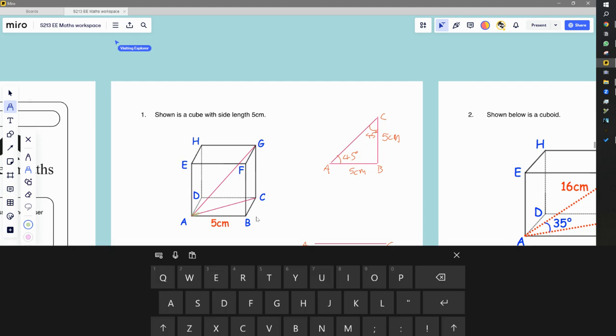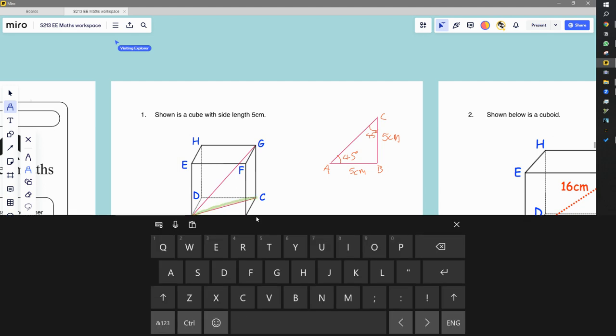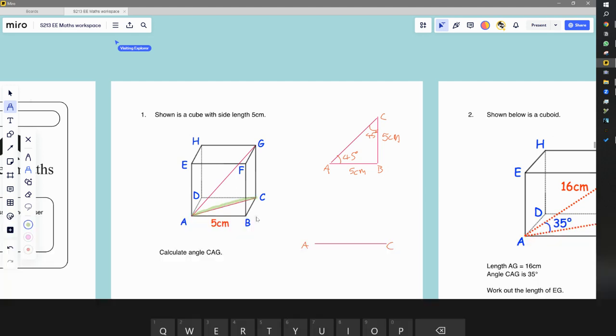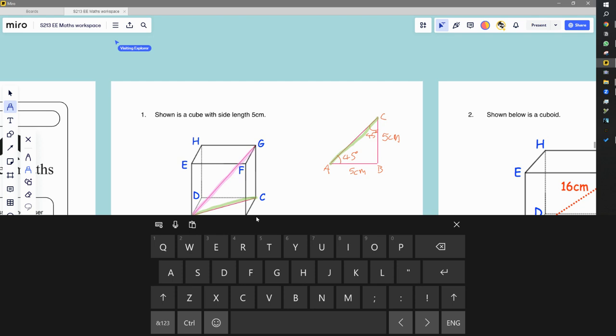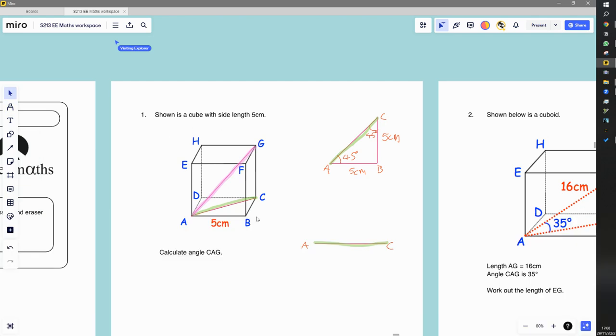So if I highlight A to C, that's that line on my triangle here, and it's also this line on my triangle there. And then if I highlight this line here, that's the line I'm about to draw.